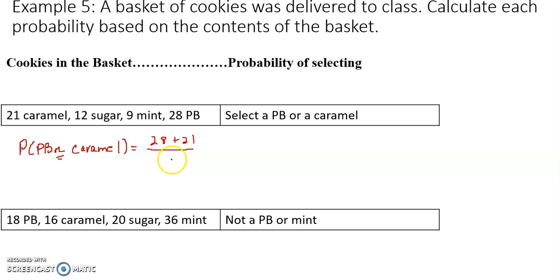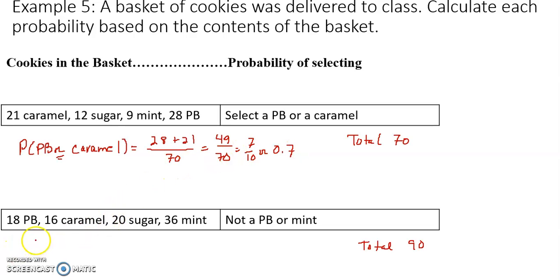That's the outcome we want. And my total here is 70. Let me go ahead and put this total in for you. So then that gives me 49 out of 70, which is 7/10 or 0.7 probability.